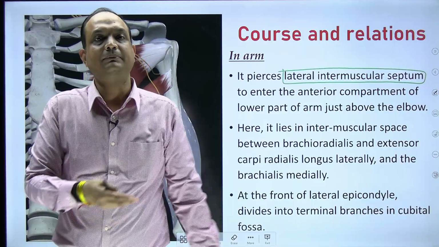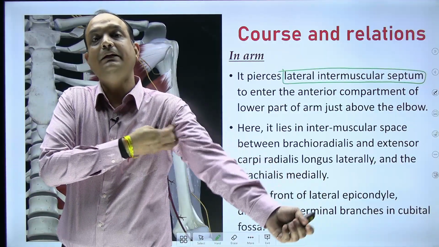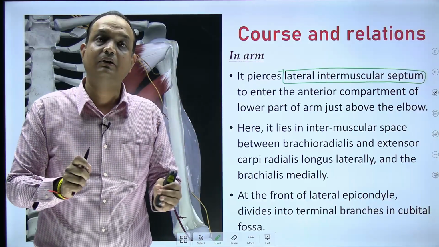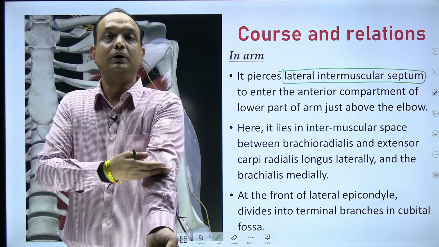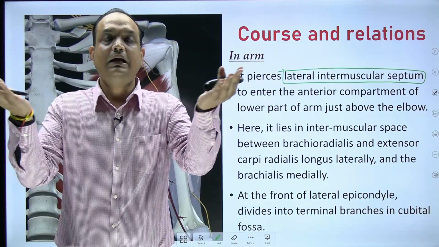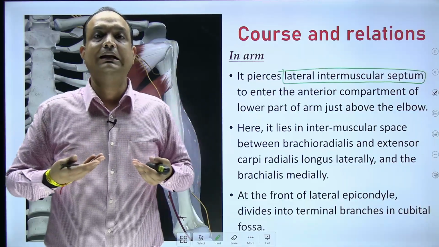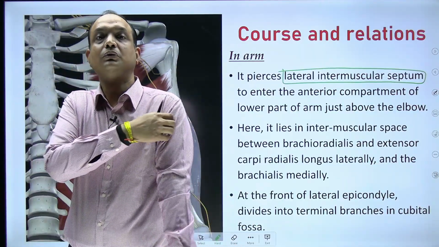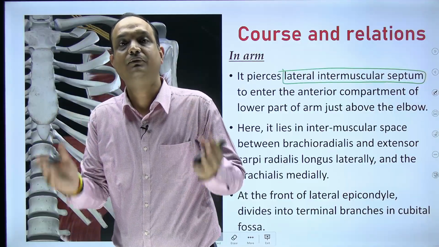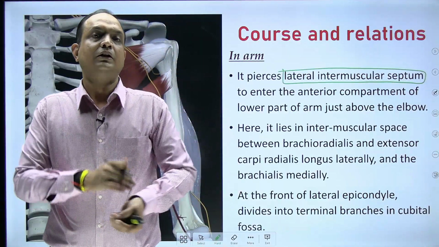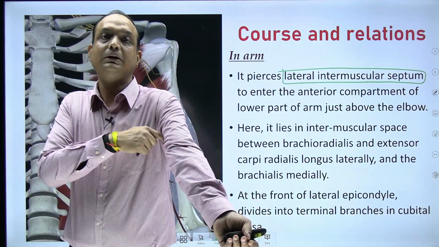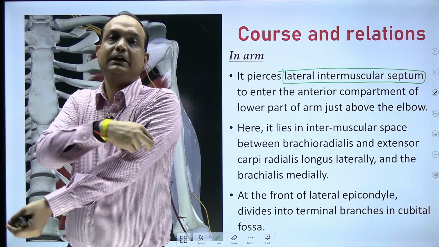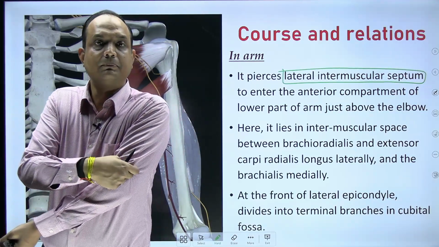Because the intermuscular septa are not well developed in the upper part of the arm. Intermuscular septa are well developed only in the lower two-thirds of the arm, where they are attached along the supracondylar lines and the borders. As you go to the upper part of the arm, you don't have much well-defined intermuscular septa. So the nerve will enter through the triangular space, then it passes through your radial groove, then it is present here in the posterior compartment.